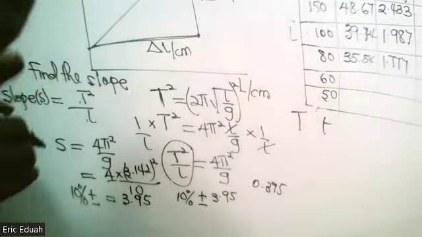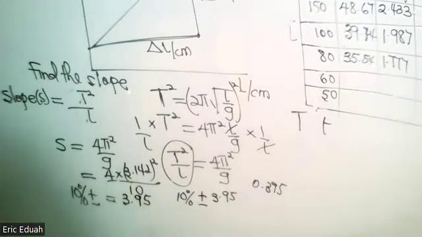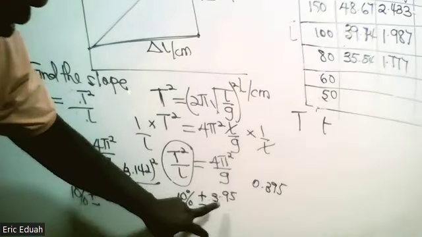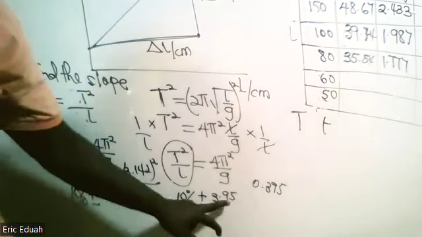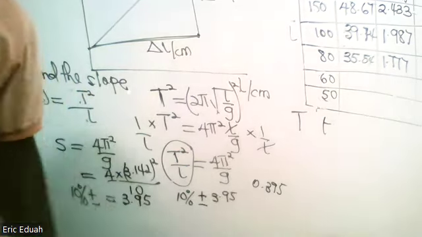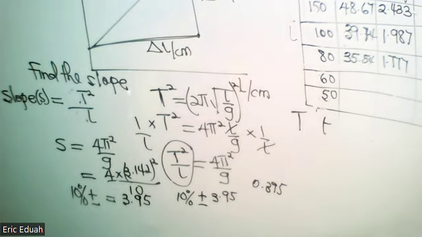So your accuracy must fall between adding 0.395 to this and subtracting 0.395 from this. So plus or minus 10%.